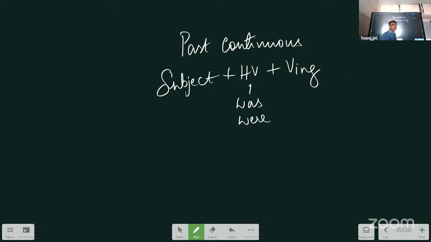Now let us understand past continuous with a timeline. So I will draw this. Now the time is 3. At 12:30 I left home. At 1 o'clock I reached Toppers IAS.